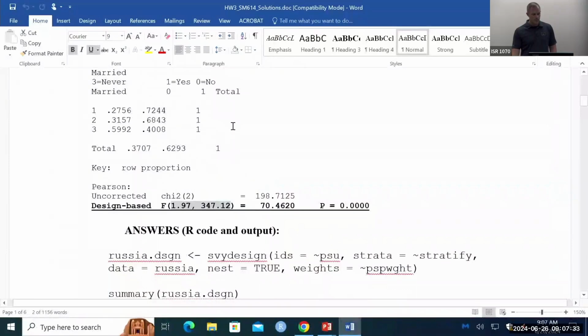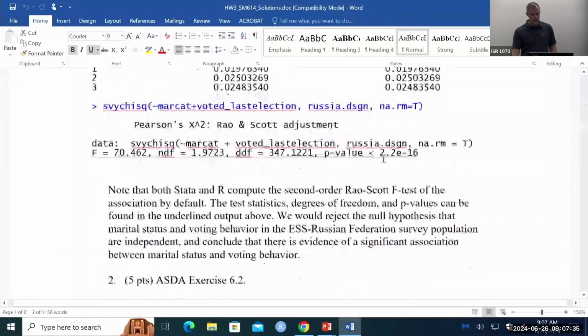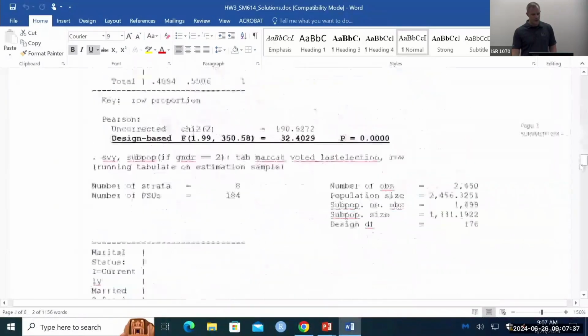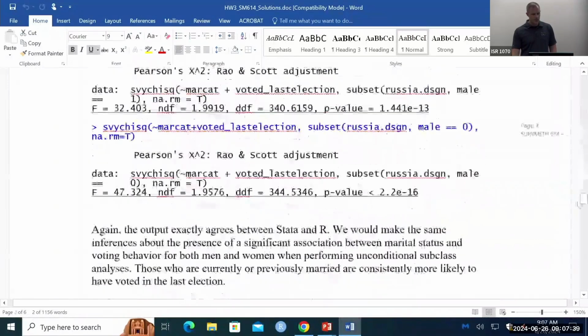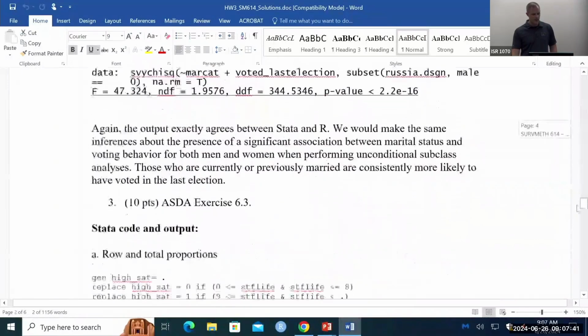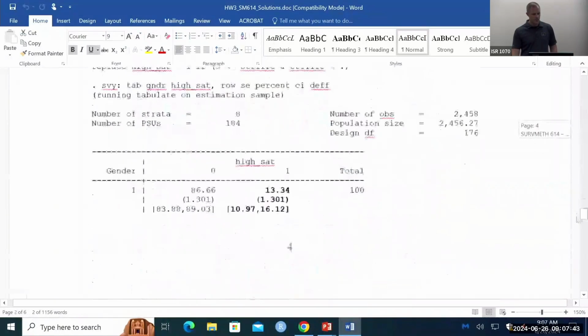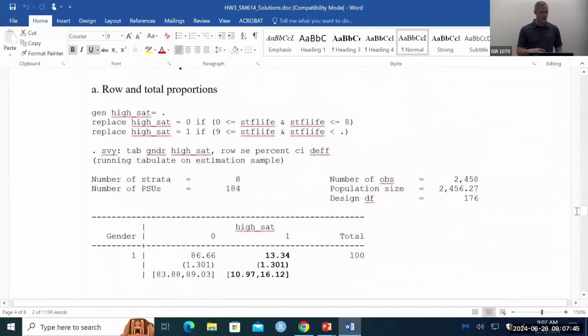Another issue that came up, just be clear about the variance estimation methods that you're using. There were a couple of people who were forming confidence intervals, but it wasn't clear based on what variance estimation method you were using to form those intervals. So whether you're using a replication method or you're using linearized methods, which again are the default, just make sure that you're clear about that as part of your solutions.